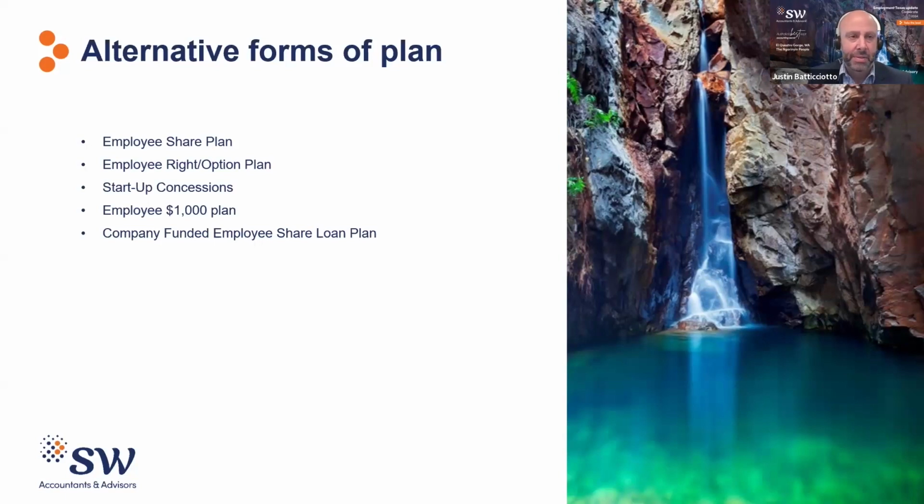You've also got the $1,000 employee share scheme, which provides certain tax concessions to employees up to $1,000, where certain conditions are met. We've also got company-funded employee share loan plans. So there's a variety of different schemes that can work for some organizations depending on what they're trying to achieve.